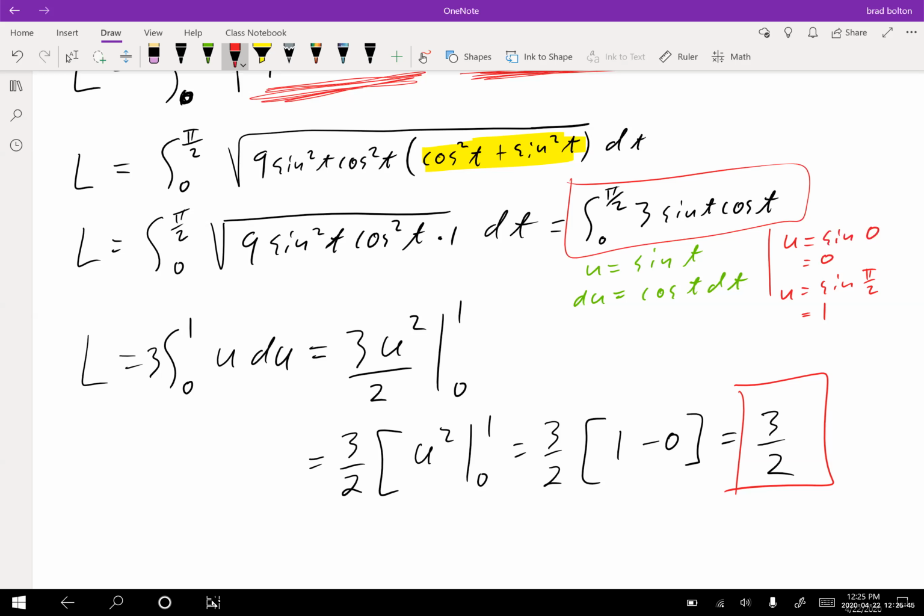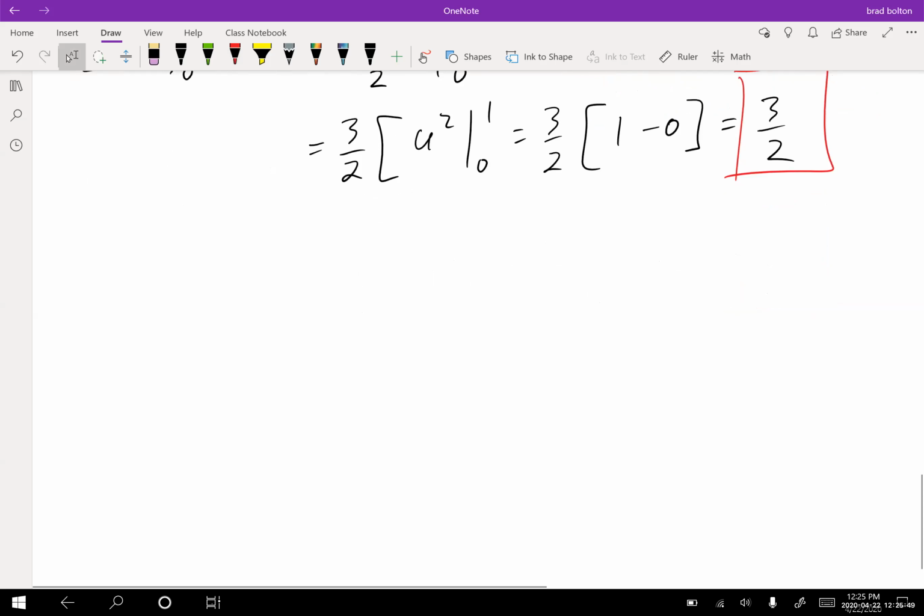Now let's look at a surface area problem. And again, this will feel very similar to those of you that had this in Calc 1. Example 4. We need surface area. This will feel very similar to the problems you did in that class.